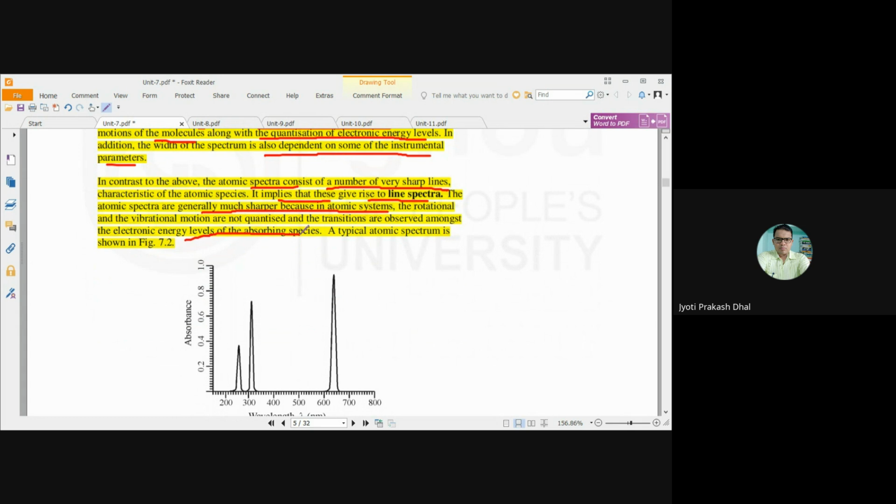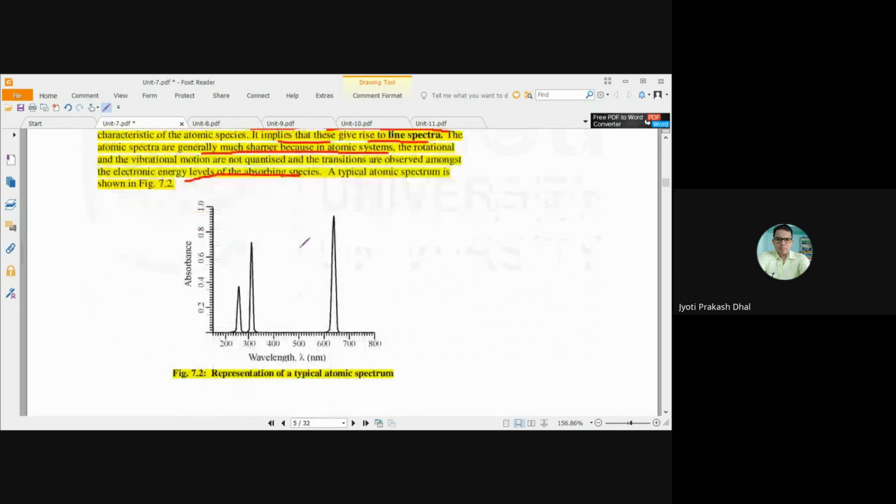So in case of atoms, we are considering only quantized electronic energy levels, because for atoms the vibrational motion and the rotational motion are not quantized. A typical atomic spectrum is given in figure 7.2.